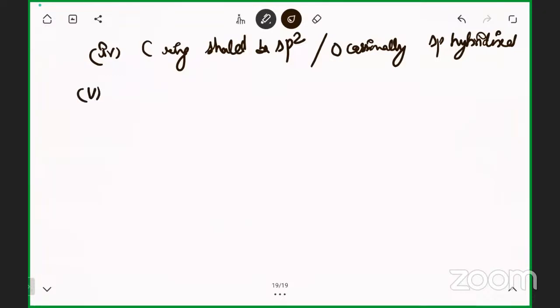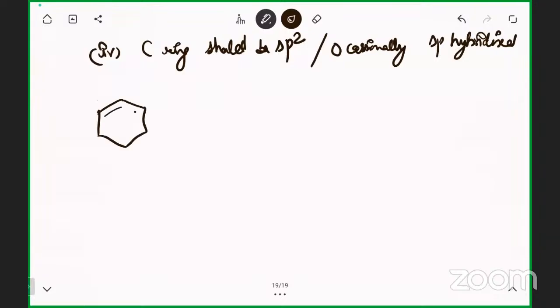Fifth point, what you need to remember is, okay, four points are quite enough. Just don't go for that much rectification and all. I will do the examples.